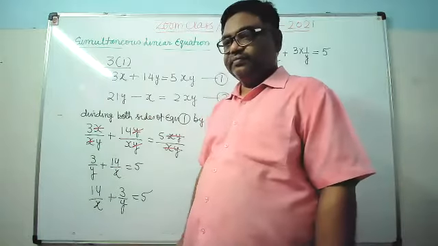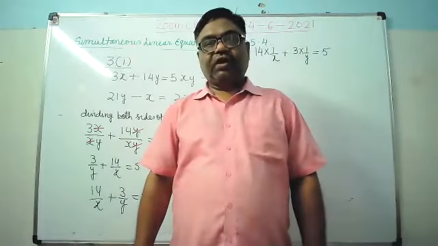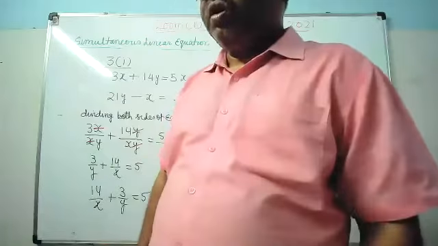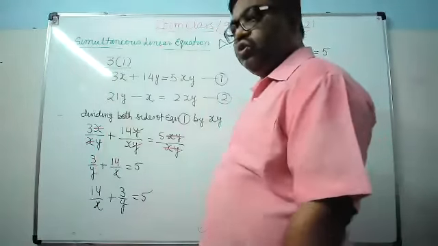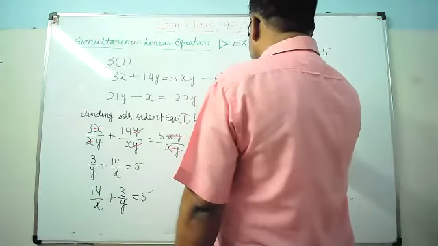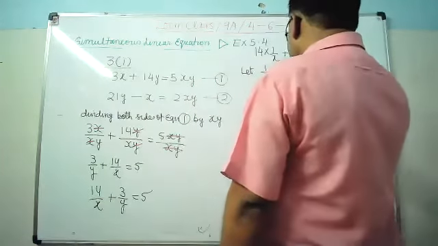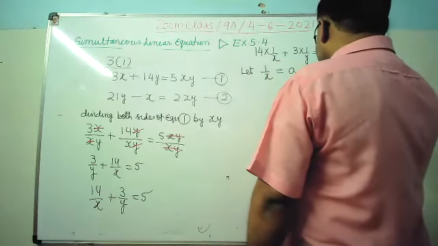So 1 upon x is equal to a. Let 1 upon x equal a and 1 upon y equal b.